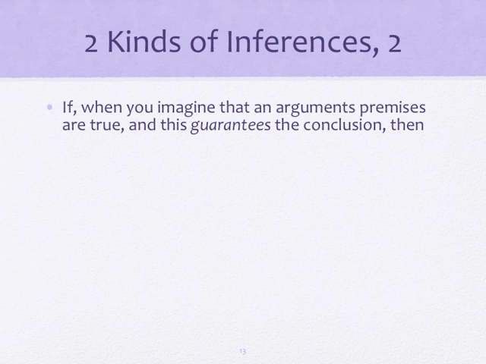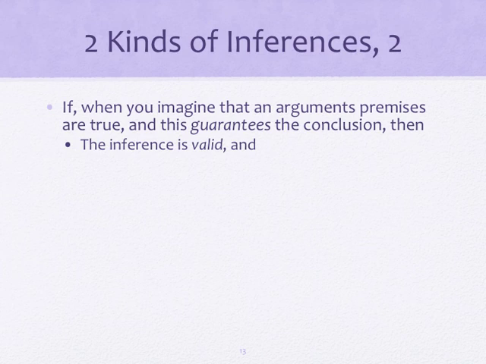And as I just said, if you have an argument like the Iraq one, where when you imagine the premises are true, it guarantees the conclusion, then you've got a deductive argument, and the inference is what we call valid. That's a very important term that we are going to use repeatedly through the course. So I'll say it again, valid.